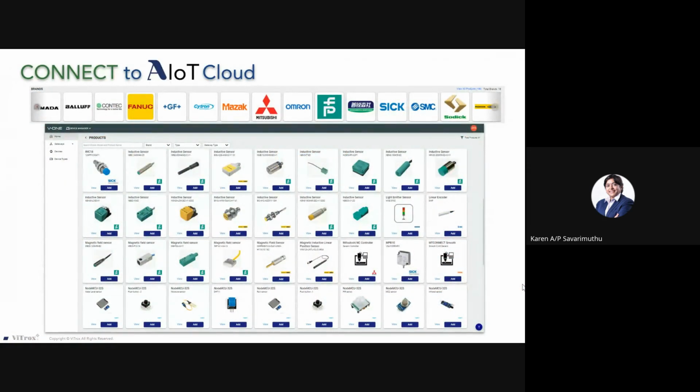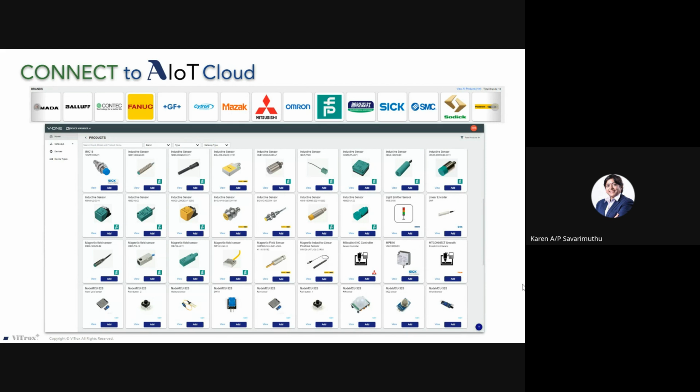So when you connect to the AIoT cloud, the beauty part of our AIoT cloud is that we have already provided all this to our customers. So you don't have to do a lot of configurations, or a lot of information to upload and download, no need.